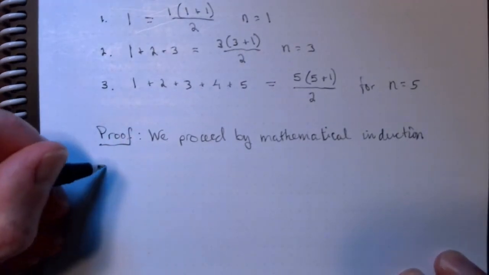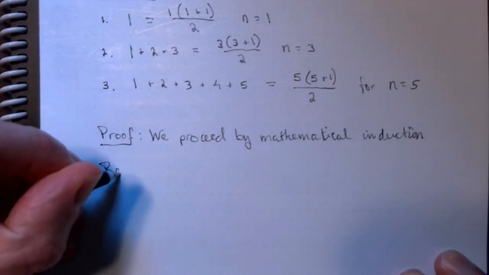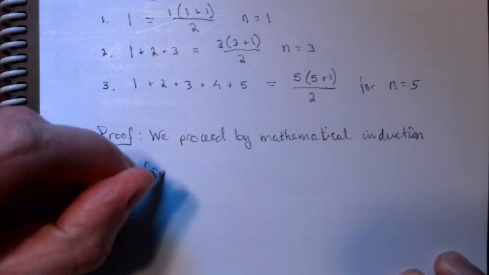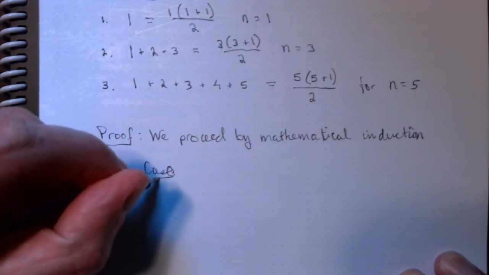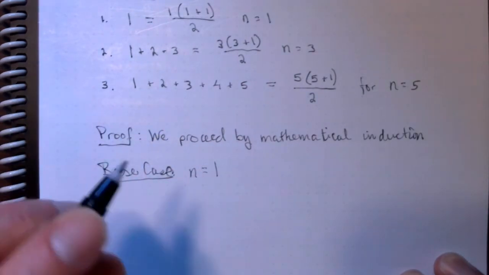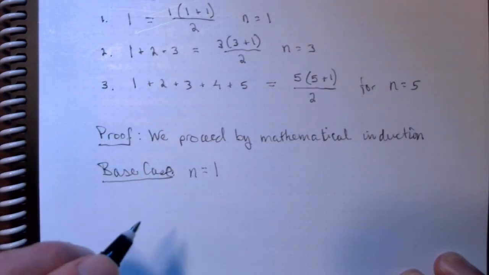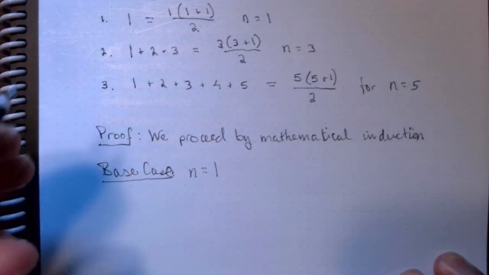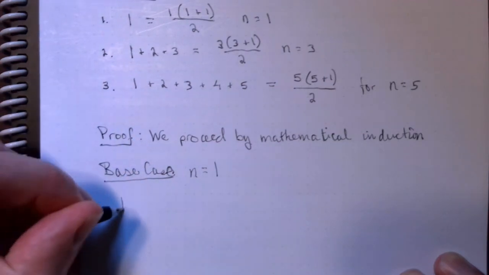So when you're using mathematical induction, you always start with your base case. Typically it'll be when n equals 1, though that might not always be true. You might need to use a different starting value, but in this case 1 will work.